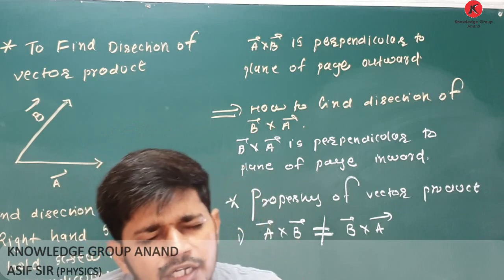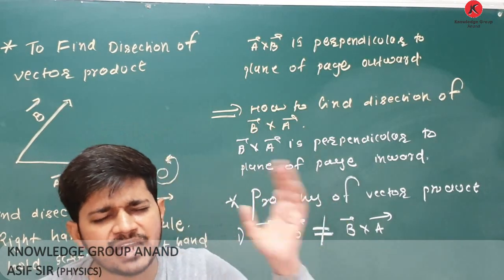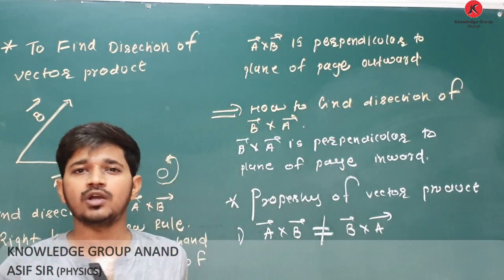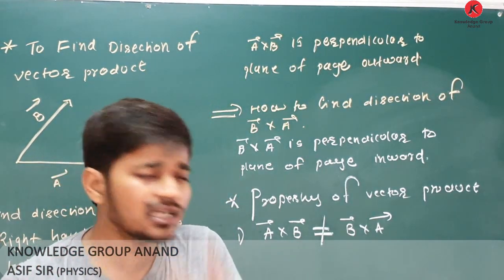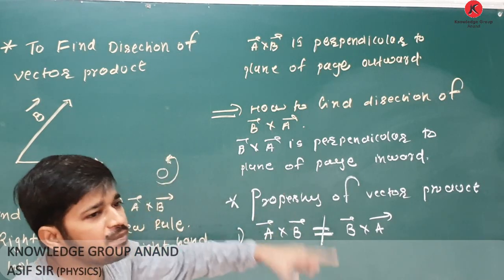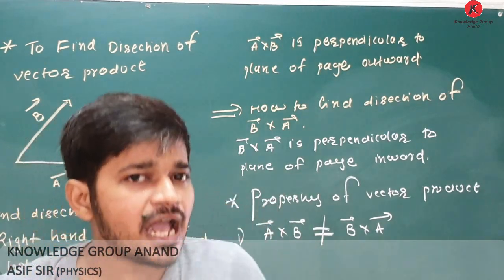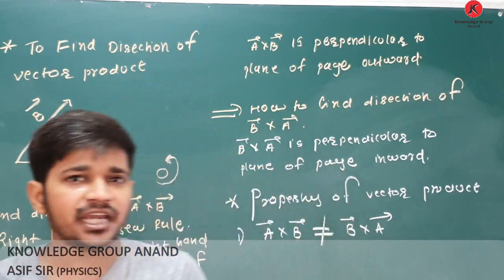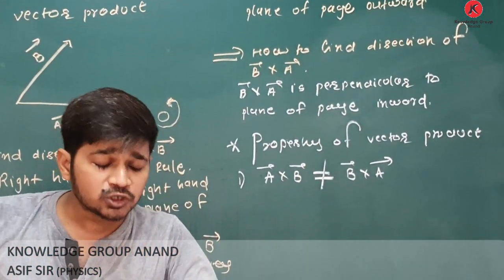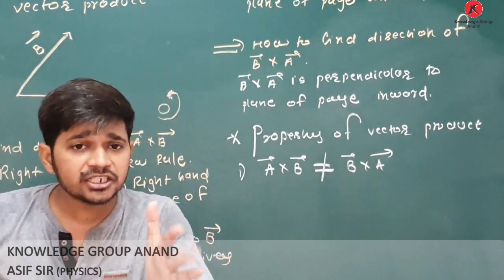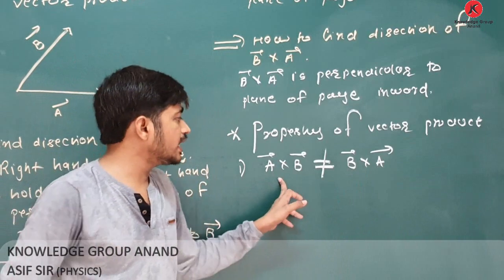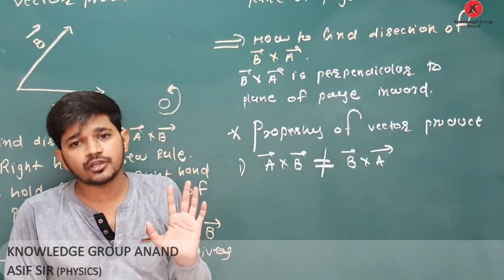If both magnitude and direction are equal, then two vectors are equal, otherwise they are not equal. Here A cross B and B cross A are not in the same direction. Yes, their magnitudes will be the same, but the direction is opposite. So we cannot write A cross B is equal to B cross A.